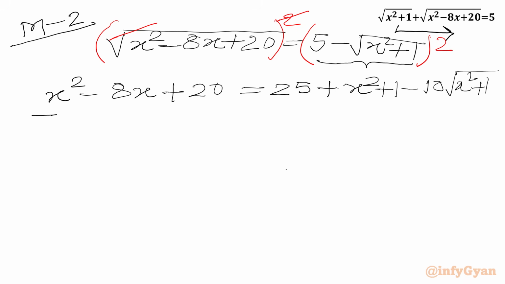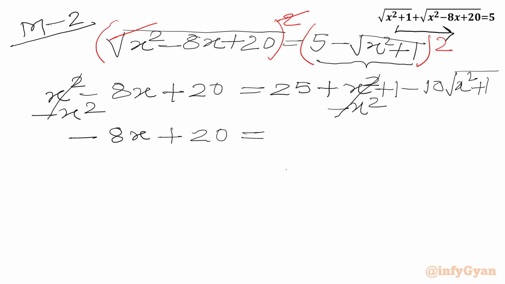Now we will subtract x square from both the sides. So plus and minus x square we can cancel. So the equation will become minus 8x plus 20 equal to 25 plus 1 is 26 minus 10 square root of x square plus 1.